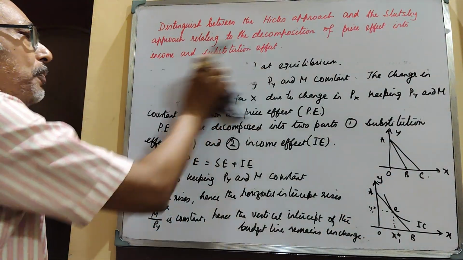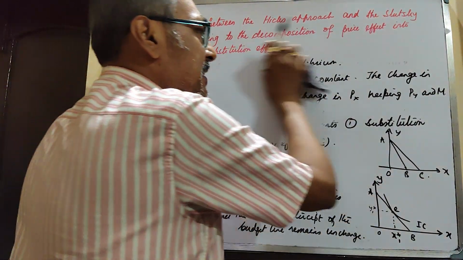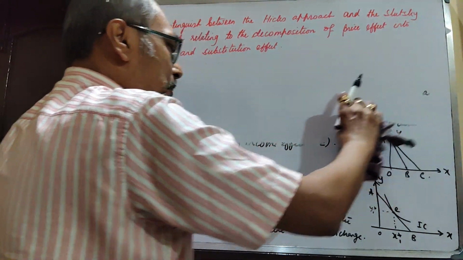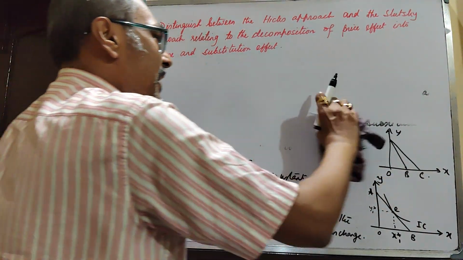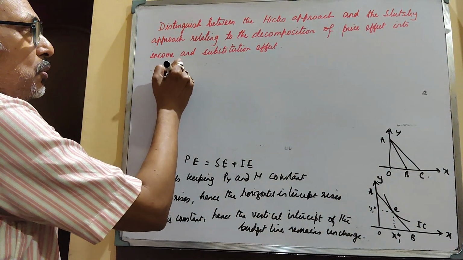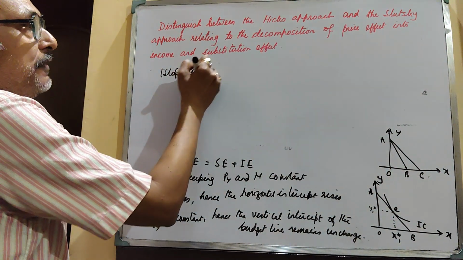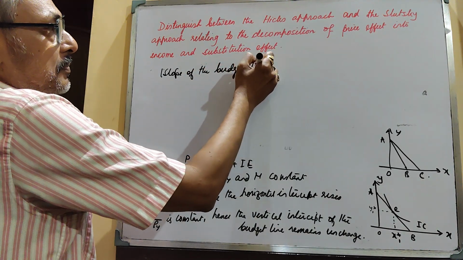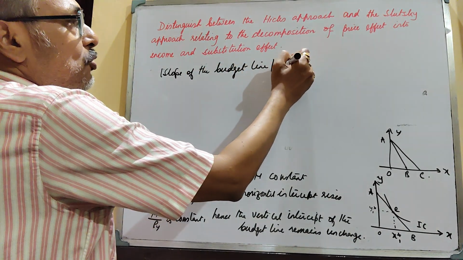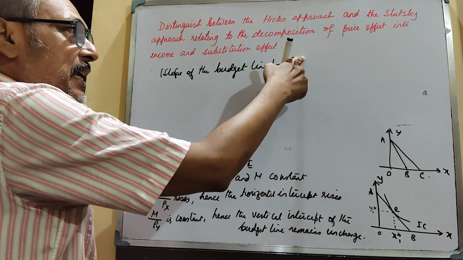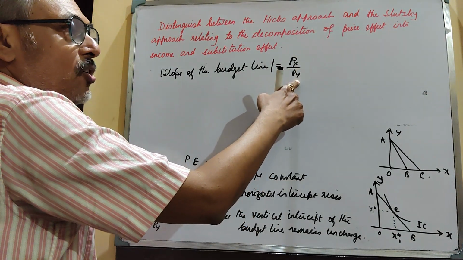Now, what is the slope of the budget line? The absolute slope of the budget line equals Px by Py. Now, Px falls keeping Py constant.